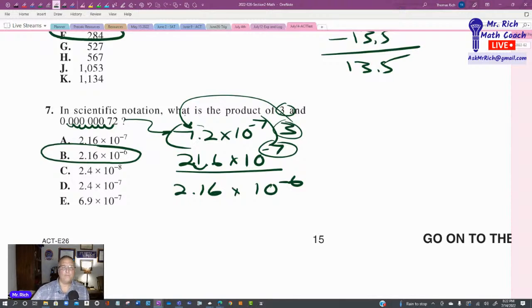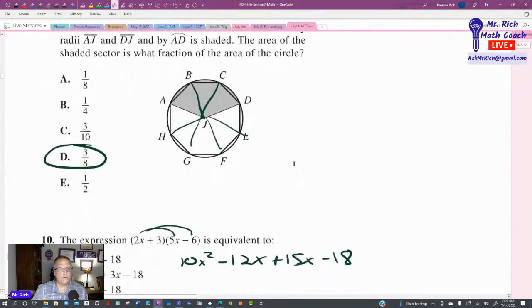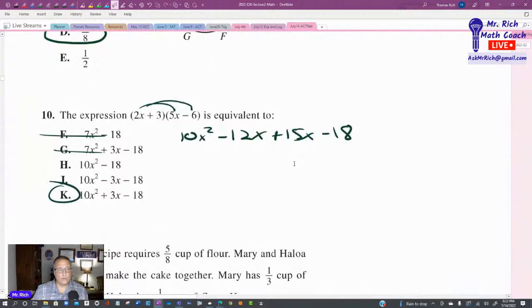If you move the decimal to make the number smaller, from 21.6 to 2.16, I have to compensate by making this multiplier a bigger number. So I went from -7 to -6 to compensate for the fact that I had to move my decimal to the left. That one was pretty straightforward. So was that.